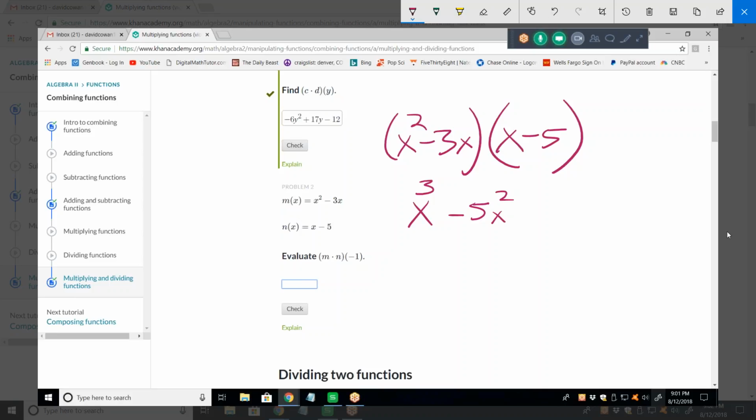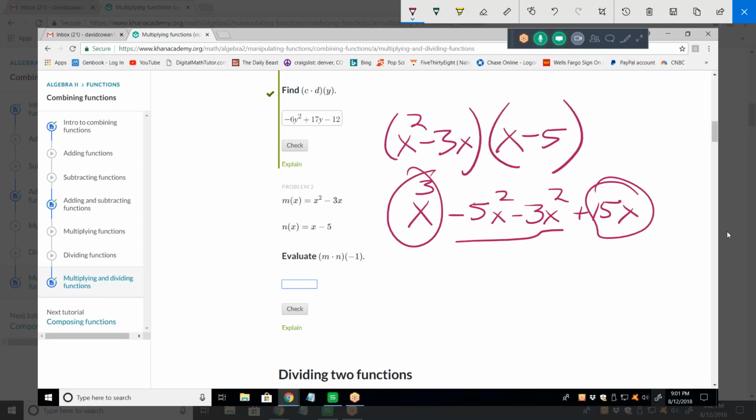And then it would be negative 3x squared plus 15x. Not squared, just x. Okay, now combine everything. We're only going to have one of those. So the only two terms we need to combine are those.